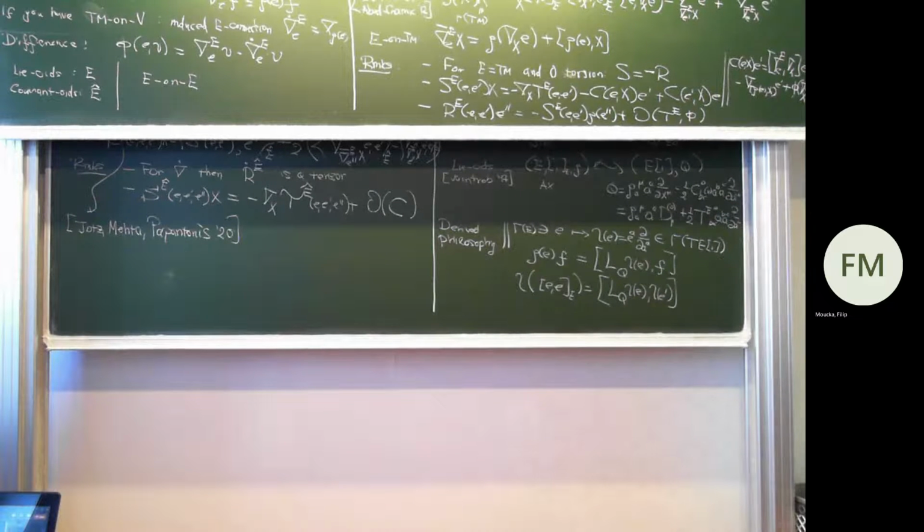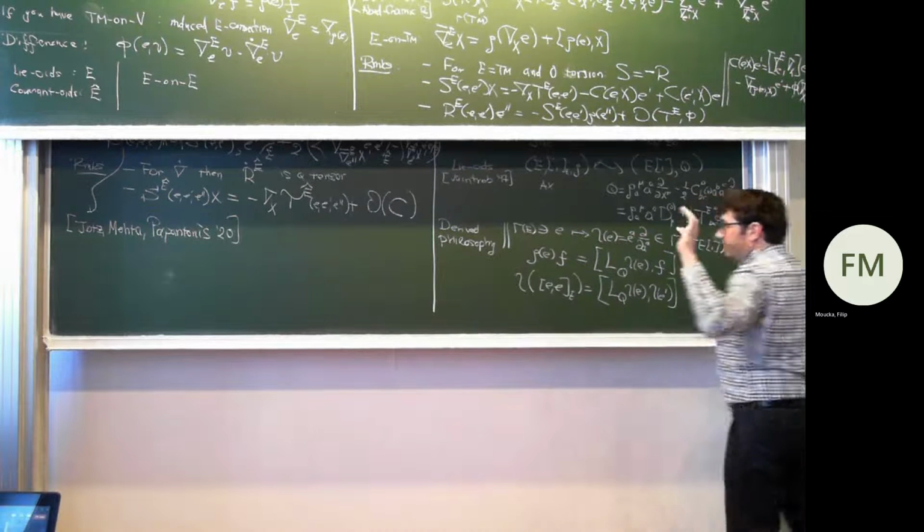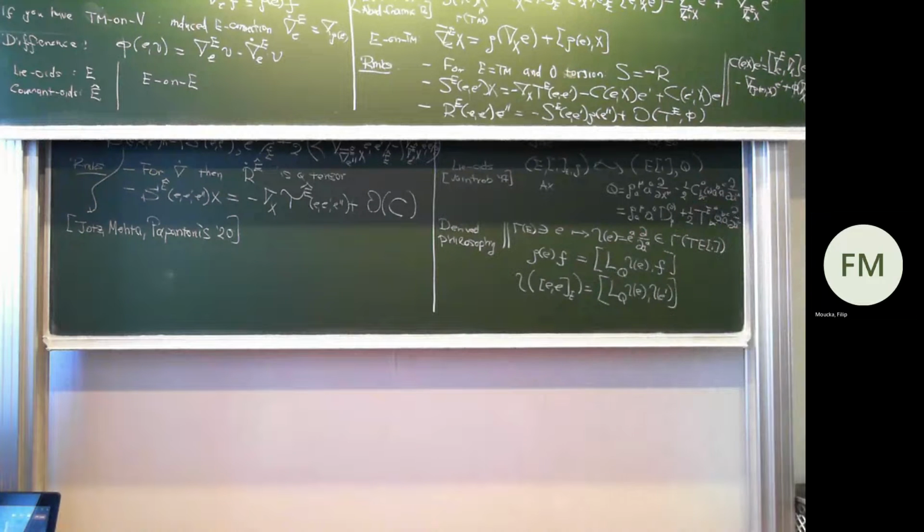So the difficult bracket is just the ordinary Lie bracket of vector fields.